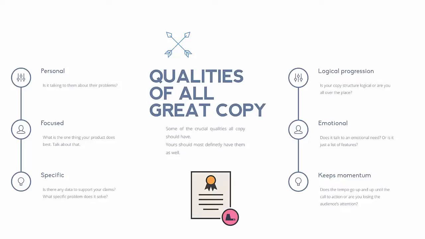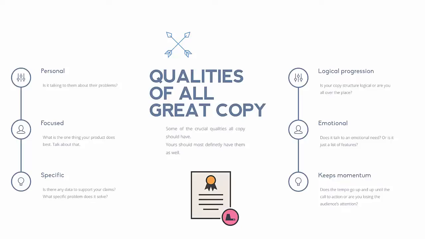So if you can back all your arguments with some data, with success stories, testimonials that are very specific and proven results, then it's a lot easier for people to trust you and make a purchase than if you're very vague and imprecise.